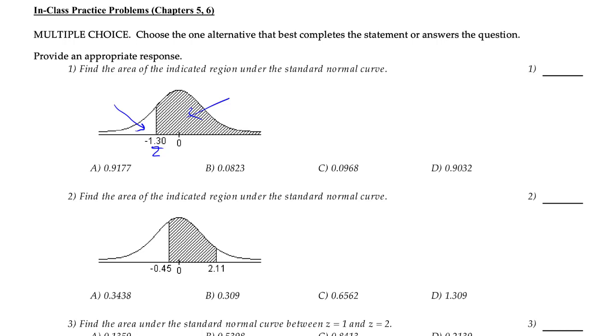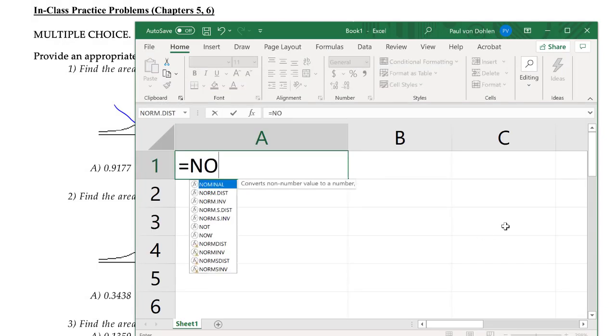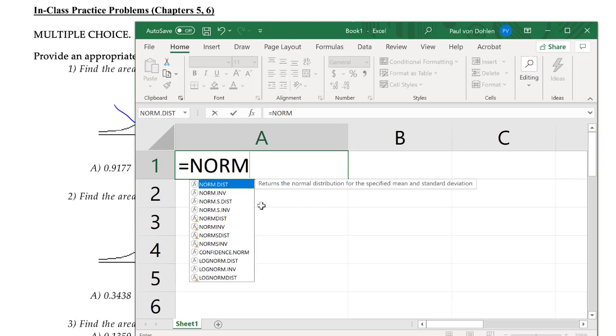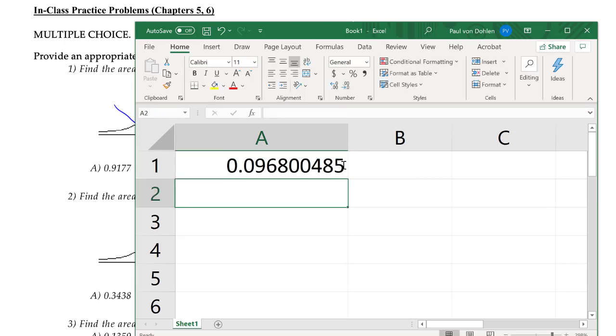In order to find the area to the left, I'm going to bring up Excel here. I can use equals NORM.S.DIST, and then I'm going to ask for the z of negative 1.3, and again here I have to put TRUE. That's going to give me 0.0968.